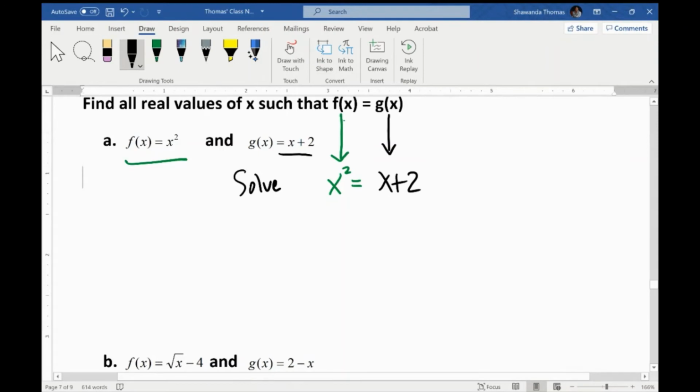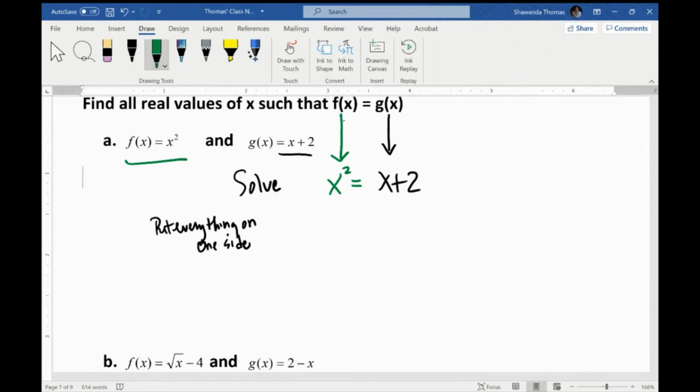I will move everything to the left. Very nice, Alicia. Move everything to the left side. So put everything on one side. And because x squared is positive, I'm going to move everything to the left because I don't want to make x squared negative.